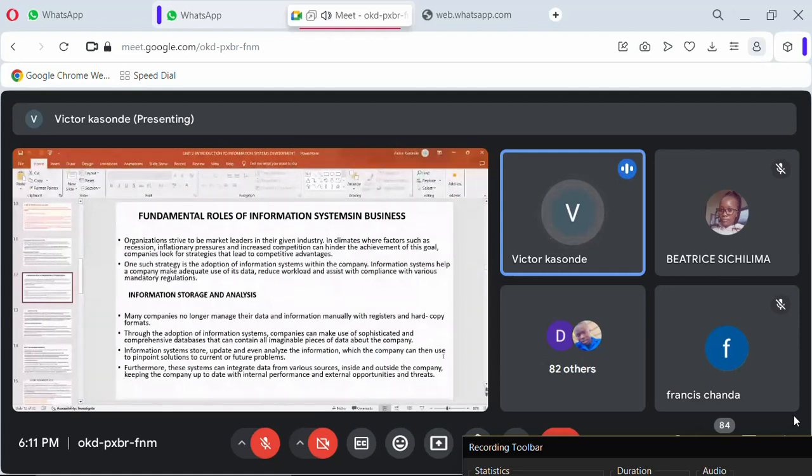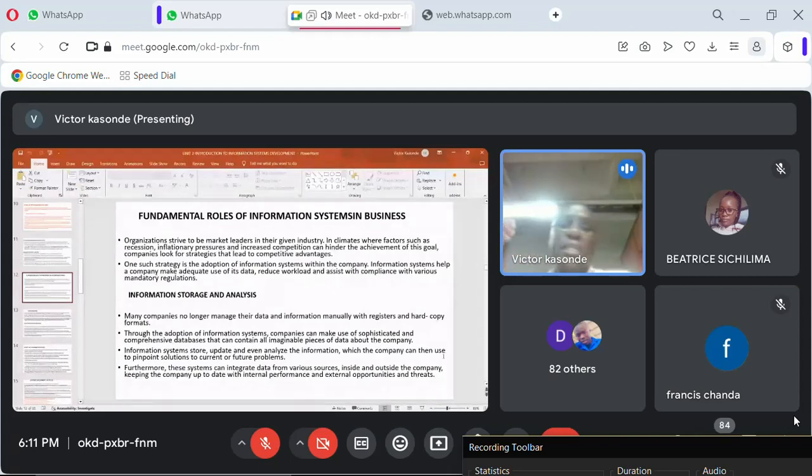That is the reason why information systems are so important in any business organization. These days, wherever you go, most things are computerized. If you go to Europe, even entering a shop is computerized. There is no need for someone to open; the system opens for you.